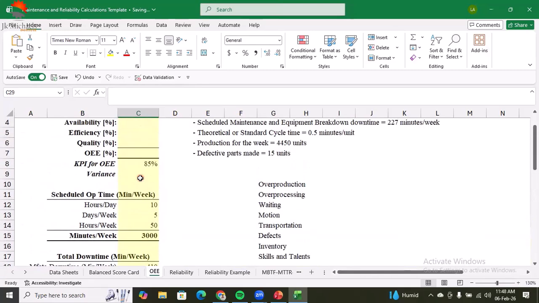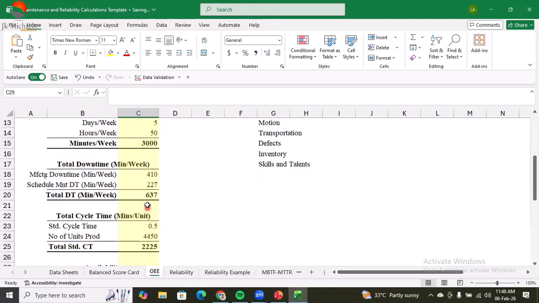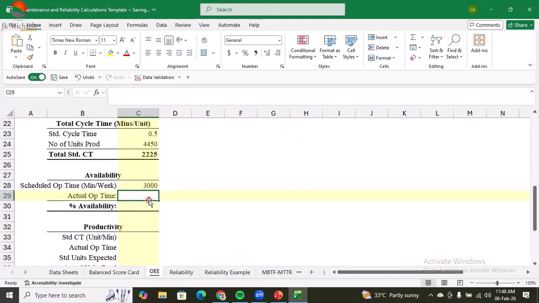Our actual operation time will factor the time we lost with respect to manufacturing downtime, scheduled maintenance downtime, and breakdown time. And then the total downtime will be 637 minutes.